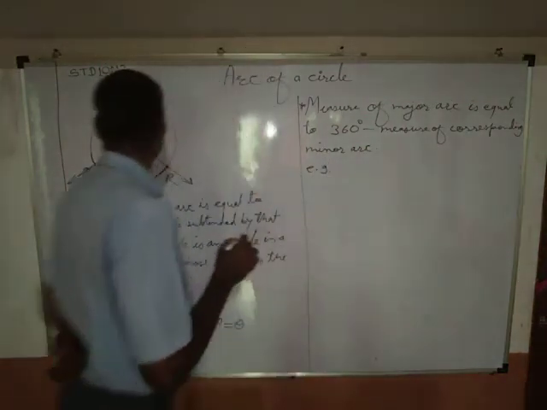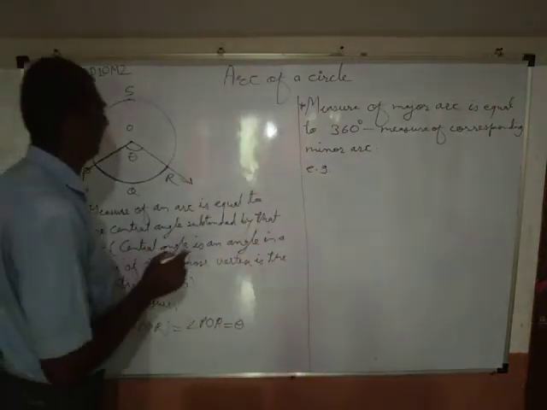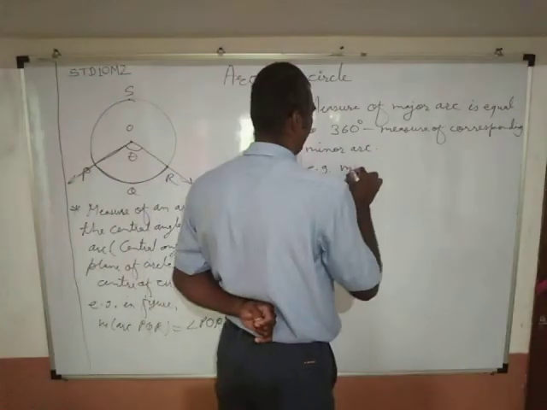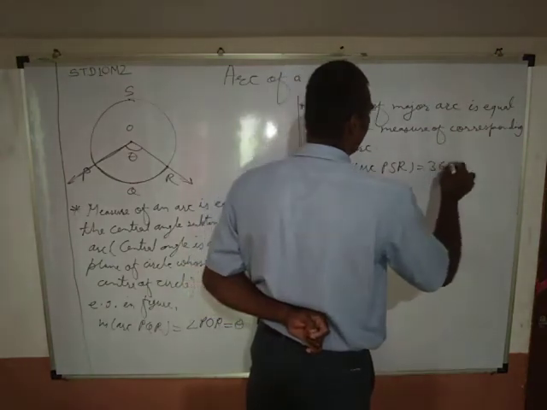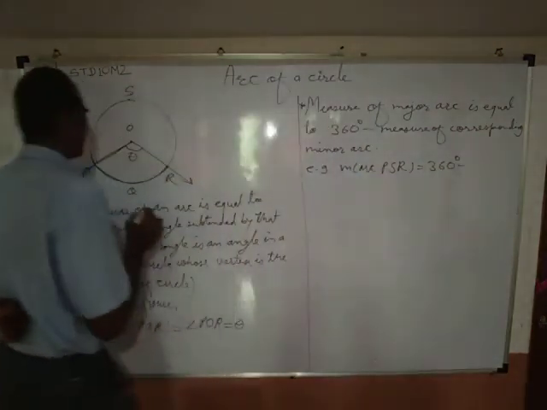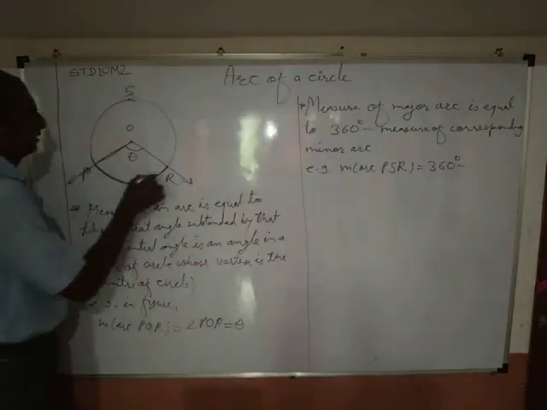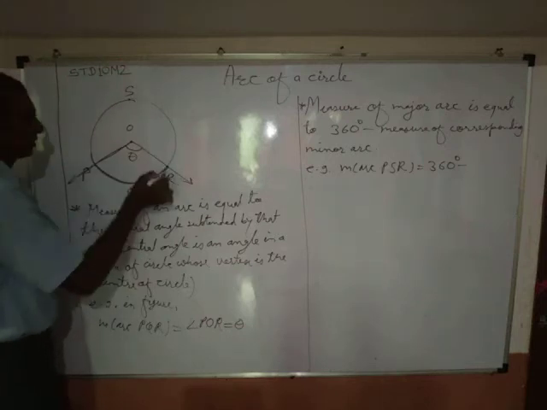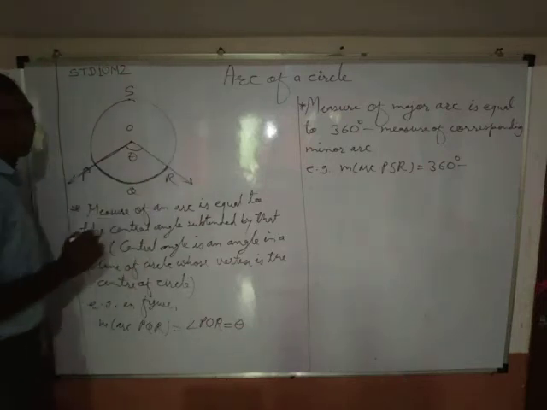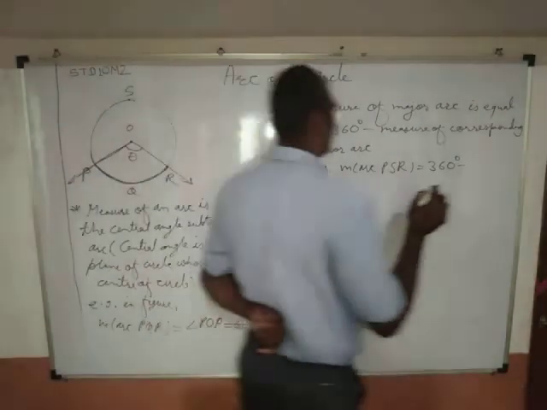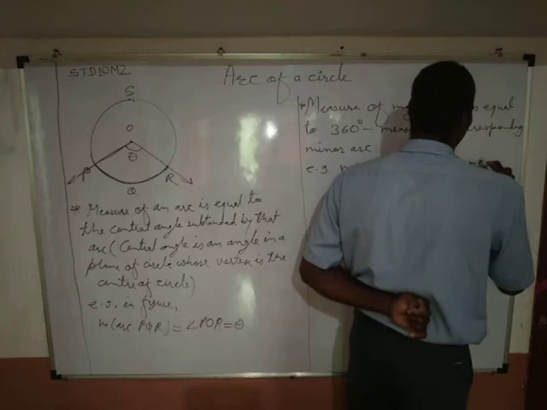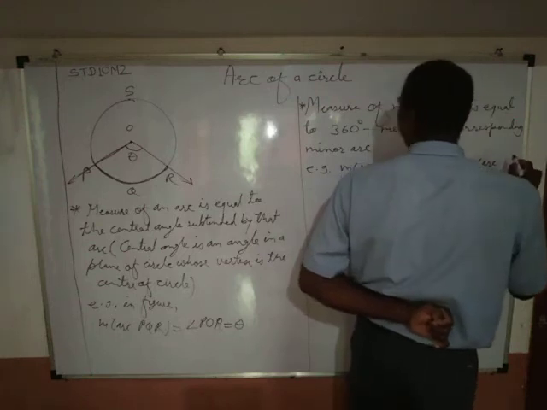Example, measure of arc PSR equals 360 degree minus measure of corresponding minor arc. Corresponding arcs means two arcs which complete a circle. Those are called as corresponding arcs. That's why 360 degree minus measure of arc PQR.